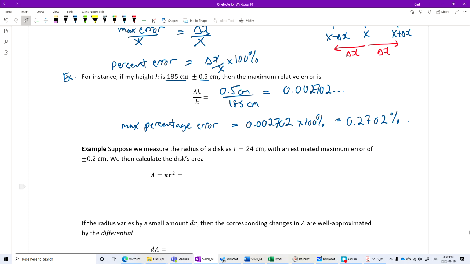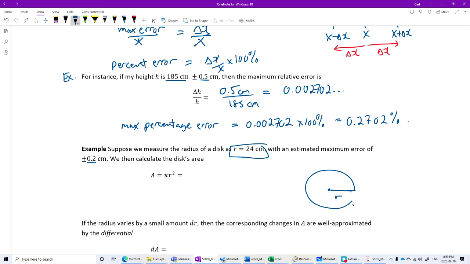So here's an example. Suppose we measure the radius of a disk, and it's 24 centimeters. And we estimate the maximum error to be 0.2 centimeters, so plus or minus 2 millimeters. So in other words, imagine what this means.